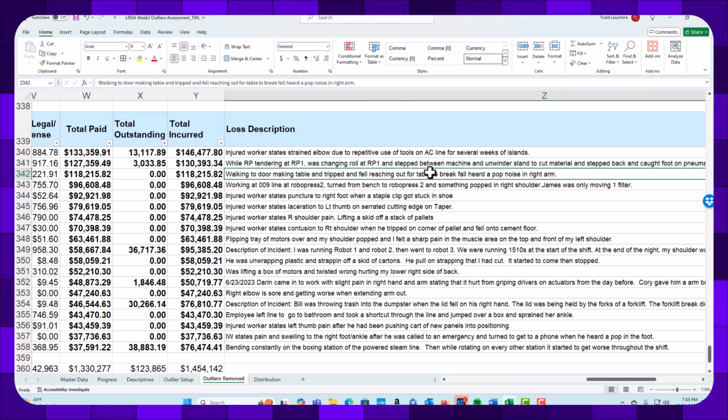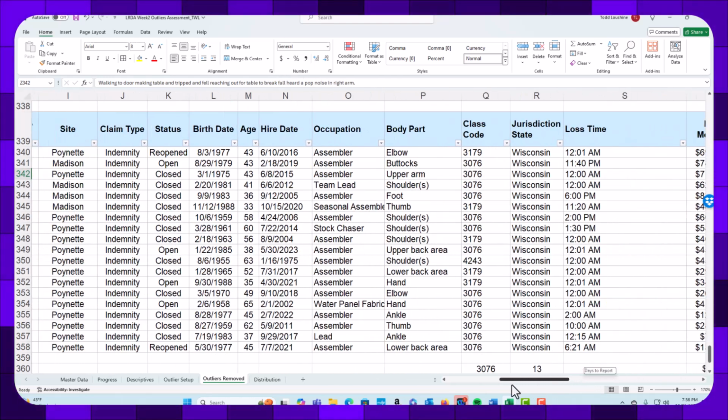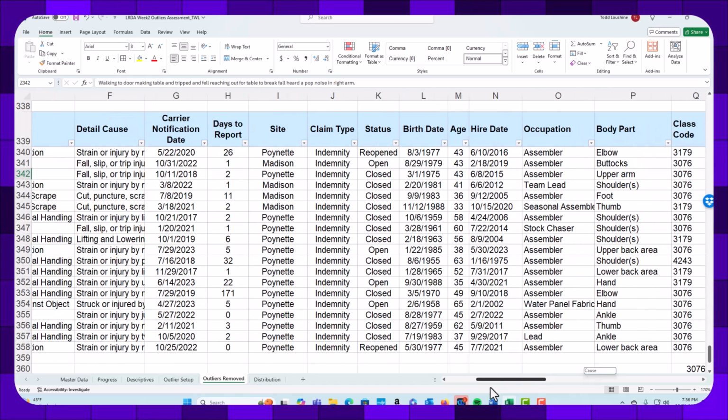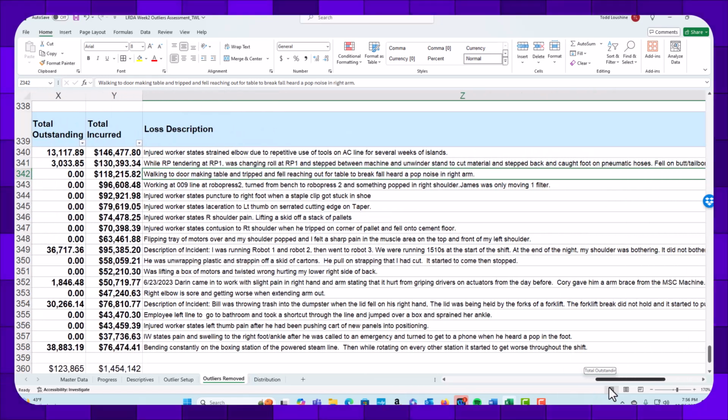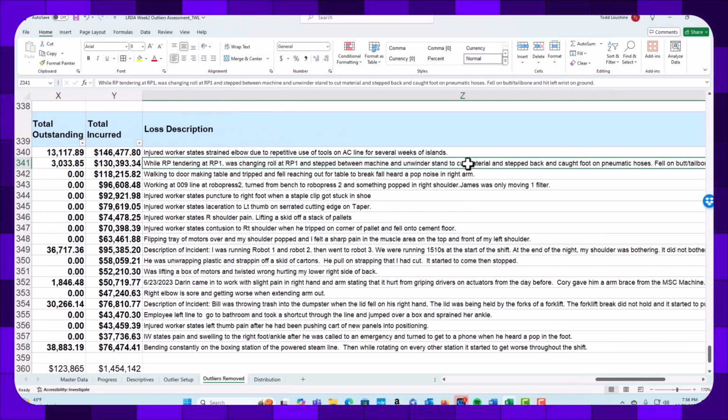Next, walking to door, making table, and tripped and fell. Reaching out for the table to break the fall, heard a pop in the right arm. Is that a slip, trip, and fall? It is. It's a fall to the upper arm. So they tried to catch themselves. It's like a struck by, the slip, trip, and fall, but they struck the ground.